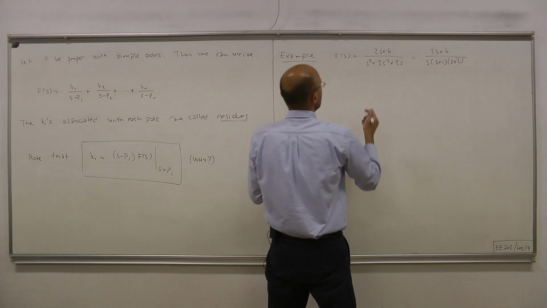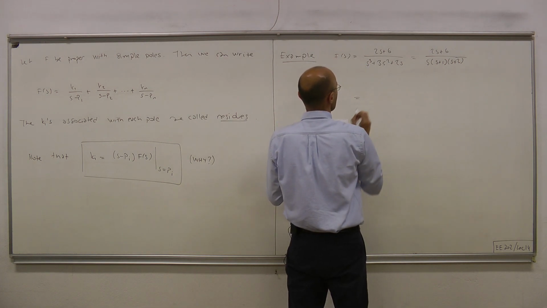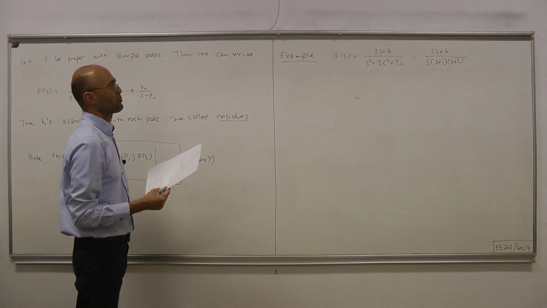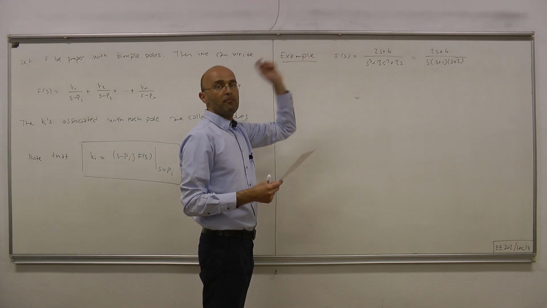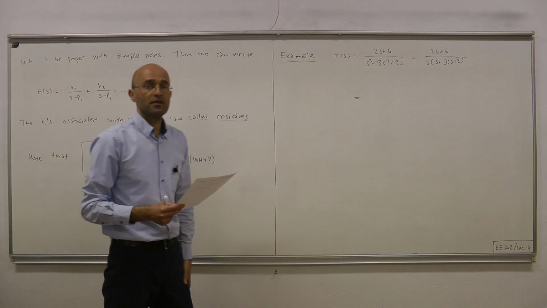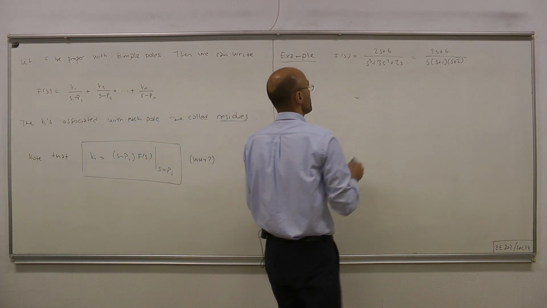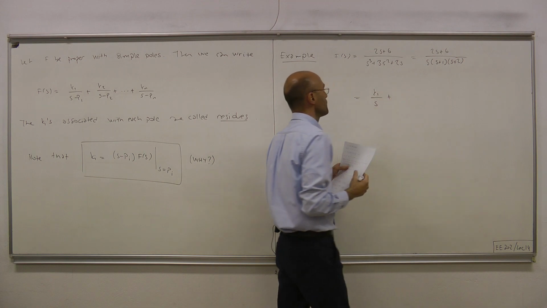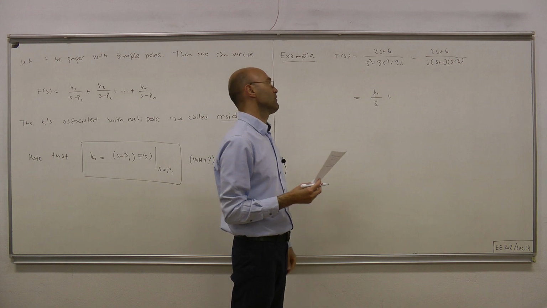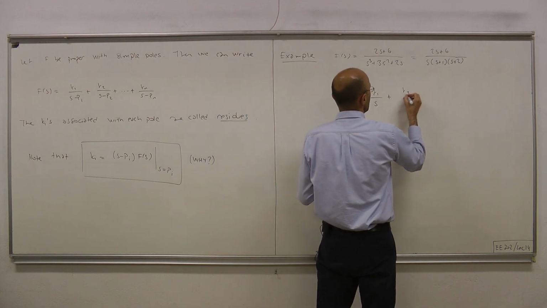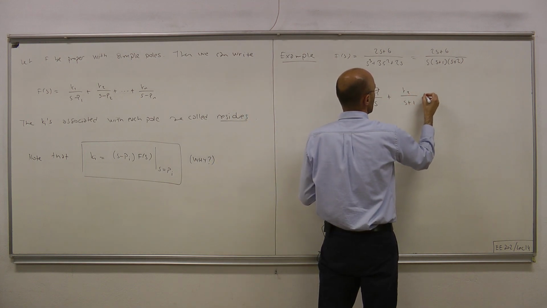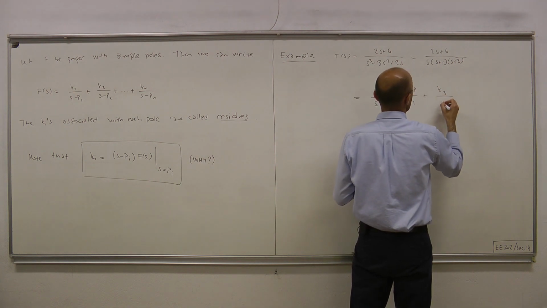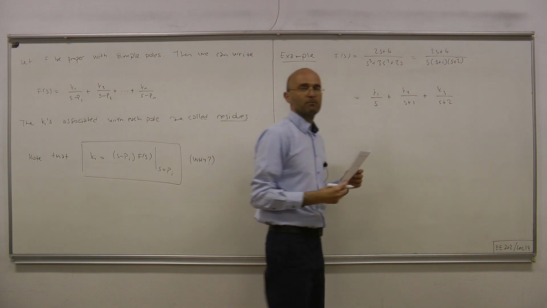Now, because it has simple poles and it's a proper F(s), this F(s) can be written as a sum of three first order terms. Namely, we have to have, for some k1, k2 and k3, F(s) equals k1 over s plus k2 over (s + 1) plus k3 over (s + 2).